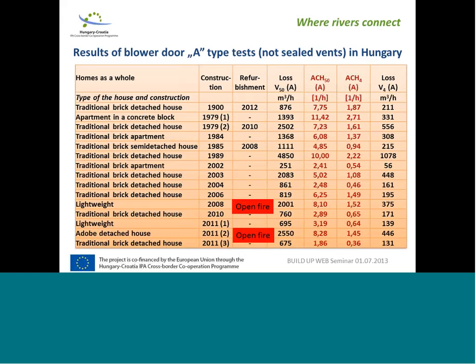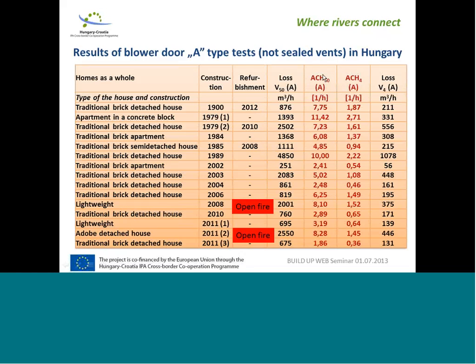So these are various typical constructions: brick houses, some concrete block apartments, detached house, semi-detached house, two lightweight constructions, and you can see the results in the sequence of the construction time, and whether there were refurbishments.